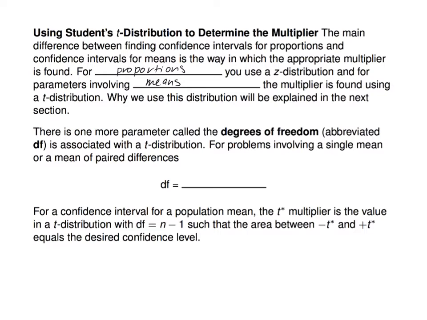And with the means stuff, there is one more parameter called the degrees of freedom, abbreviated DF. For problems involving a single mean or a mean of paired differences, this is n minus 1, where n is your sample size.